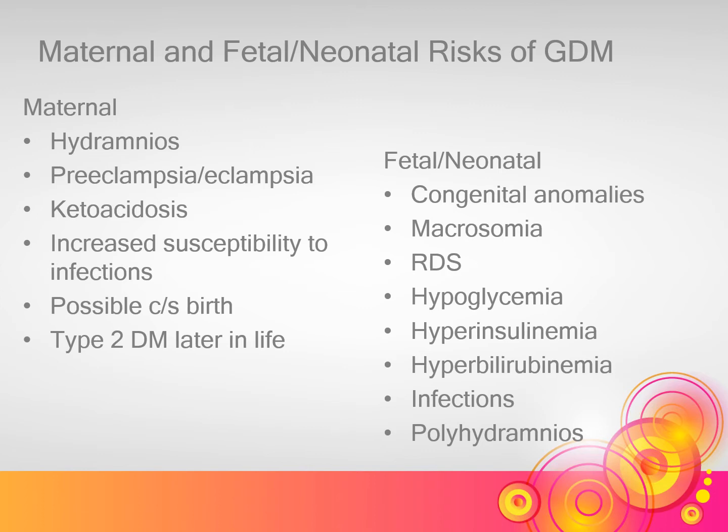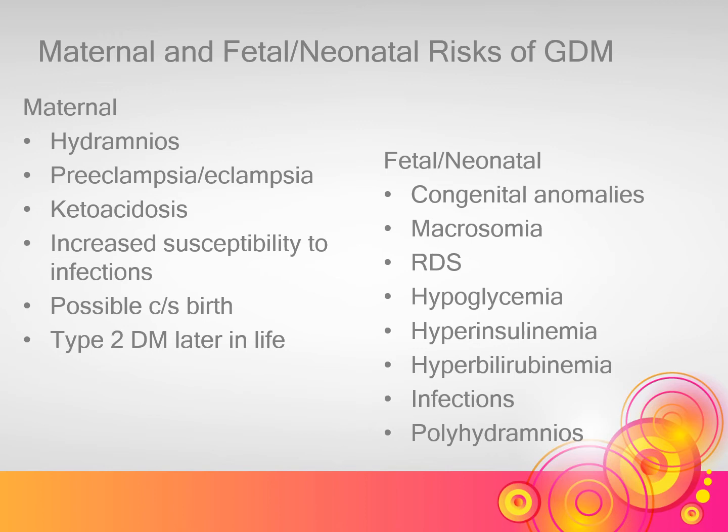Ketoacidosis, because of an increase in the ketones released in the blood from the metabolism of fatty acids. There's a decreased gastric motility and anti-insulin effects of HPL. Okay? Ketoacidosis during gestational diabetes would develop very slowly. There is an increased susceptibility to infections due to the increased glycosuria because this creates a good environment for bacterial growth.